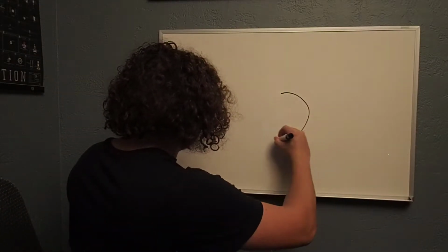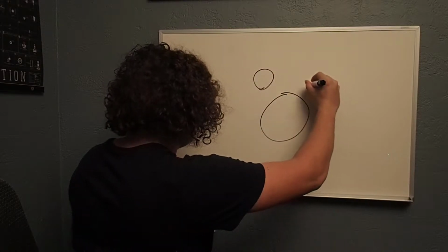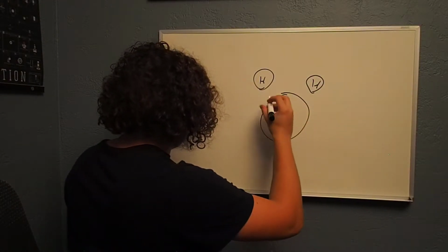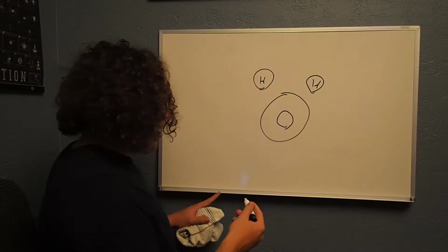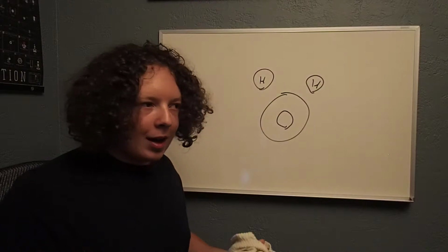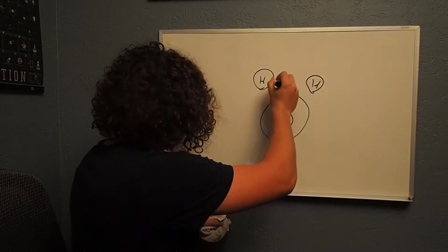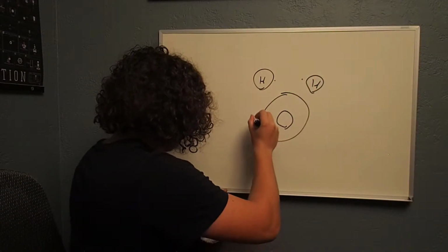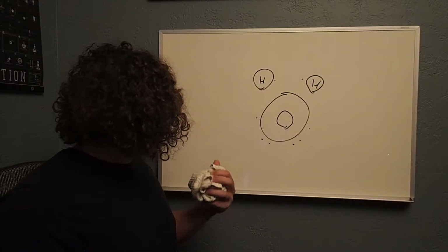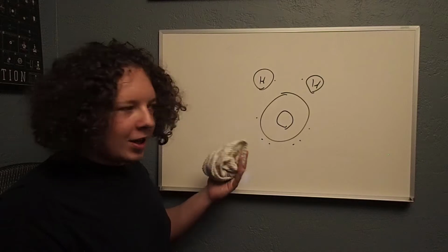Now, this here is pretty much what a water molecule looks like. Now, atoms have a certain number of electrons that they normally have. So hydrogen atoms both have one each, and as far as we care, an oxygen atom has 6.